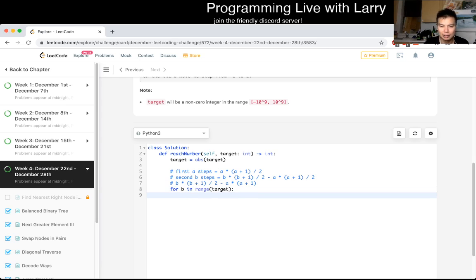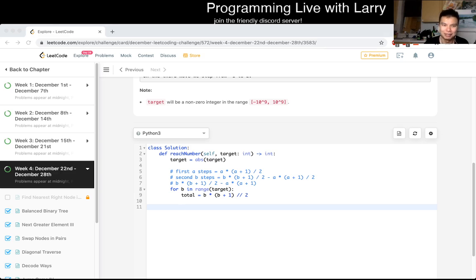Okay, so let's say total is equal to B plus 1 over 2, and then square root, and then now we have an answer, square root times the... does that make sense?